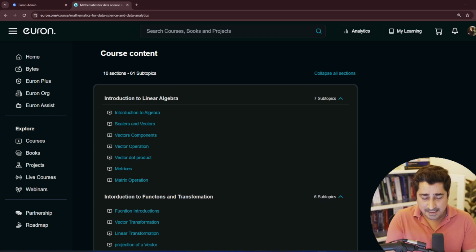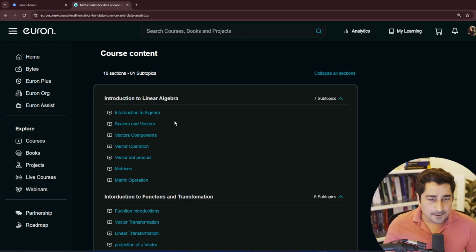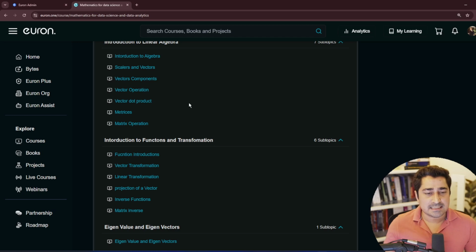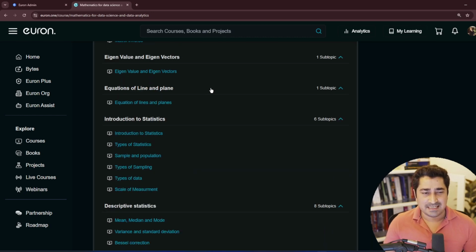So this is going to give you a complete revision of the mathematics that you should know before understanding any data science, ML or data analytics, or any of those algorithms which we generally discuss in AI. So here, linear algebra, yes, and then we are going to discuss functions, vector transformation, linear transformation, eigenvalue, eigenvector. Again, very important for lots and lots of algorithms.